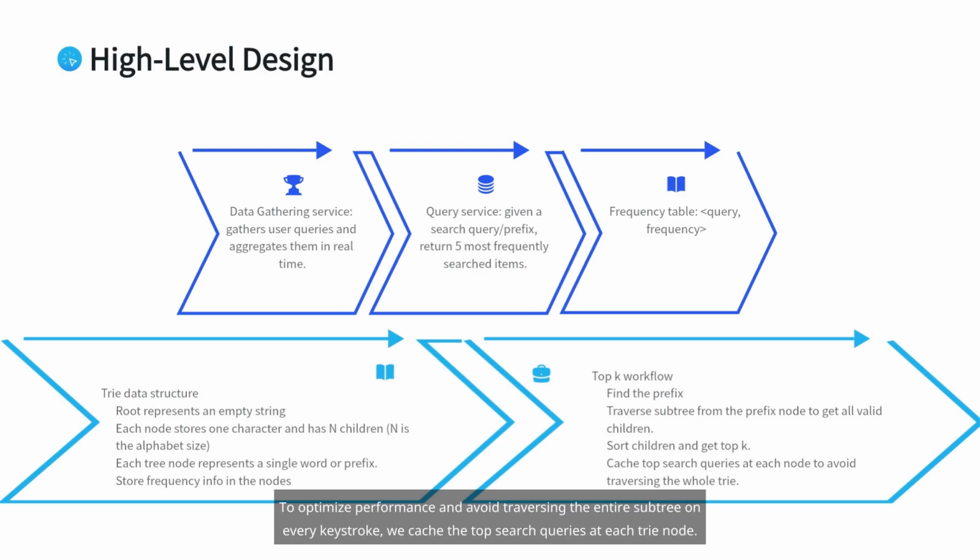To optimize performance and avoid traversing the entire subtree on every keystroke, we cache the top search queries at each tree node. This way, we can return results immediately as the user types. This structure helps ensure low latency, high accuracy autocomplete suggestions as users interact with the search bar.